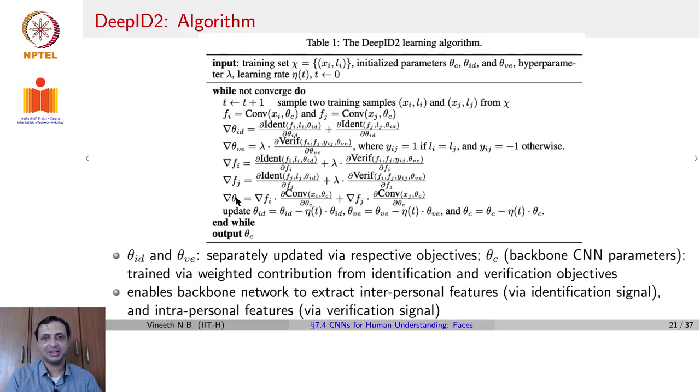The final gradient for the entire CNN's parameters is given by ∂L/∂Fi into ∂CNN(Xi)/∂θc plus ∂L/∂Fj into ∂CNN(Xj)/∂θc.